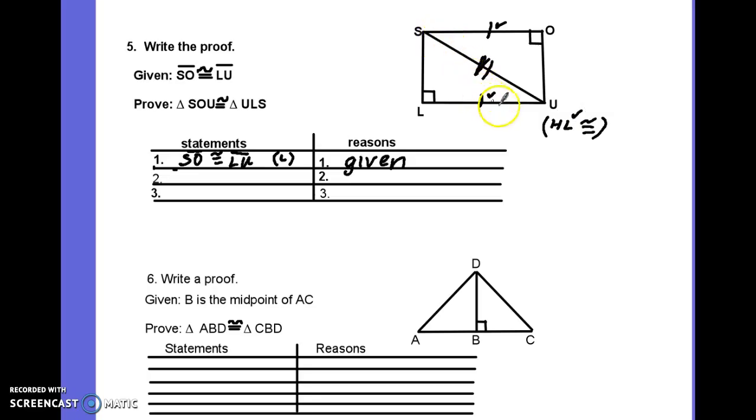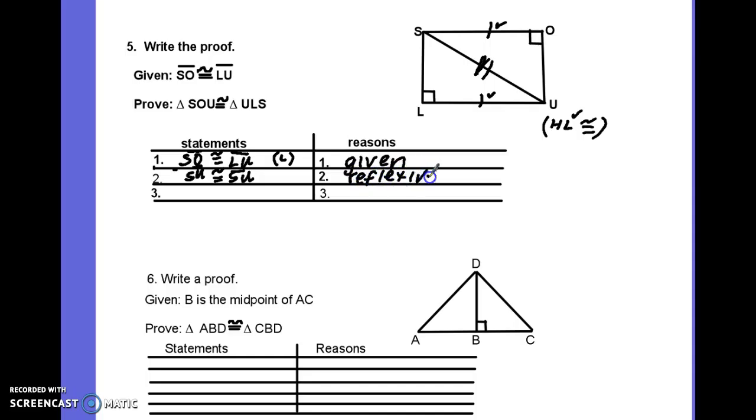Here it is. SU from the lower triangle congruent to SU from the upper. So we write SU congruent to SU. Reason, and I hope I can hear, almost like a choir saying, reflexive. Reflexive property.